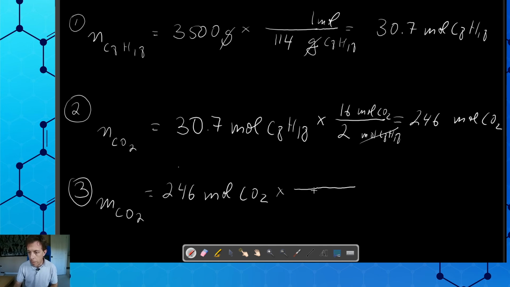Again, we want the moles to cancel out, so in this case we're multiplying by the molar mass. It's very important to keep that distinction right there. So 1 mole is 44.0 grams of CO2.